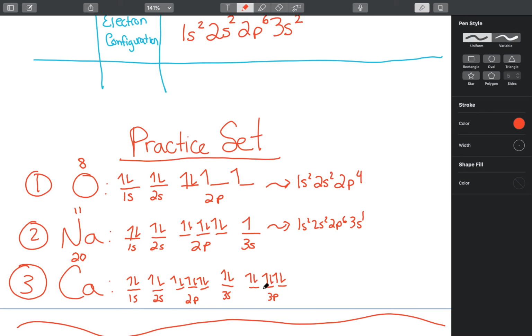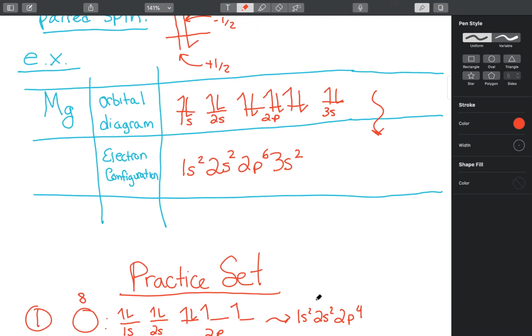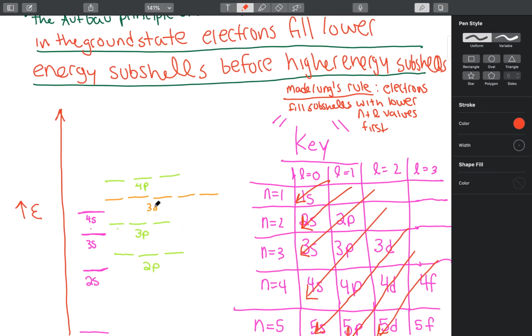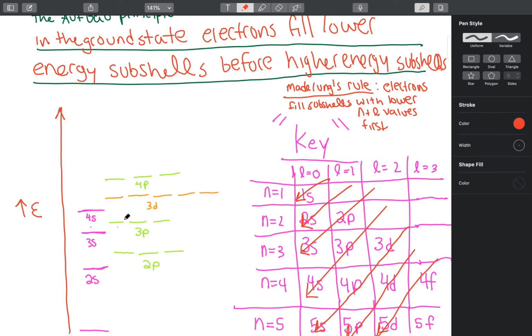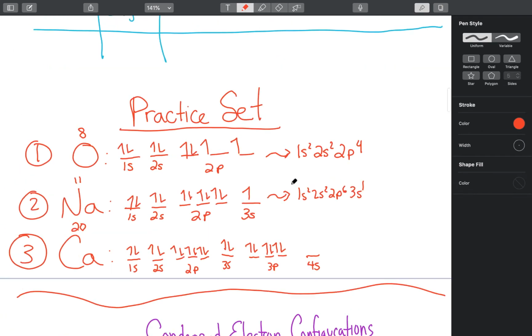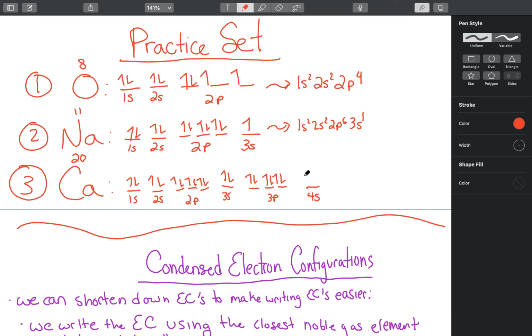Now, you have to be careful here. We don't fill the 3d subshell. We fill the 4s subshell next. And remember, that is because the 4s subshell is lower in energy than the 3d subshell. So therefore we fill the 4s subshell before we fill the 3d. So therefore the remaining electrons go into the 4s subshell.